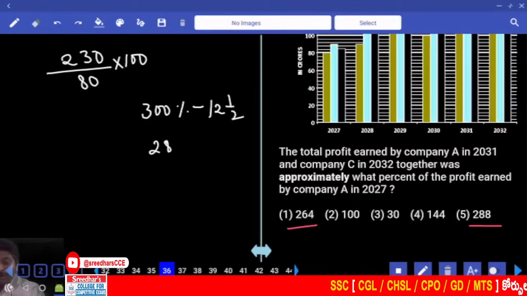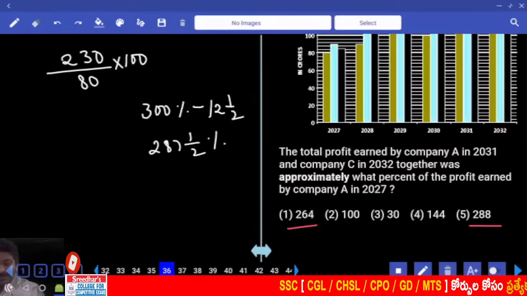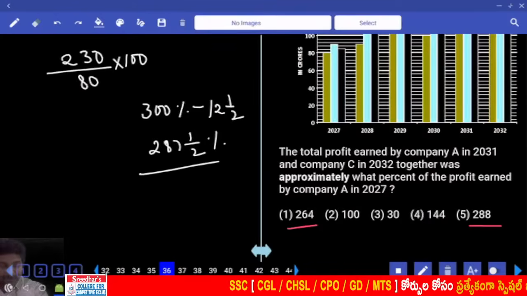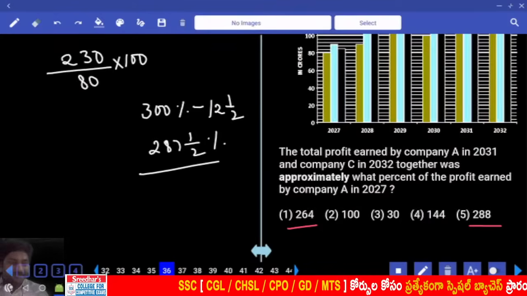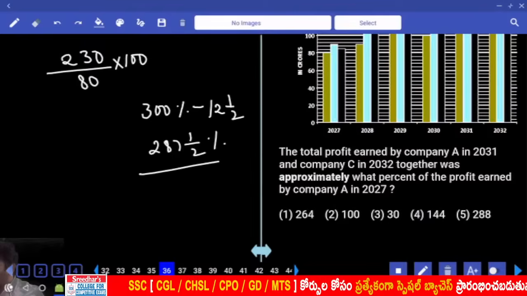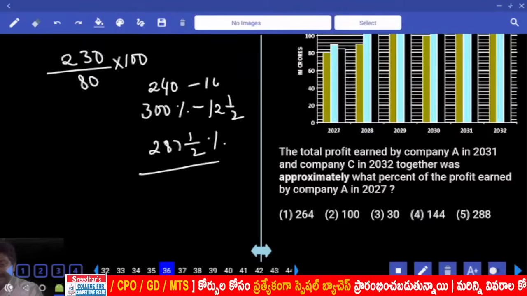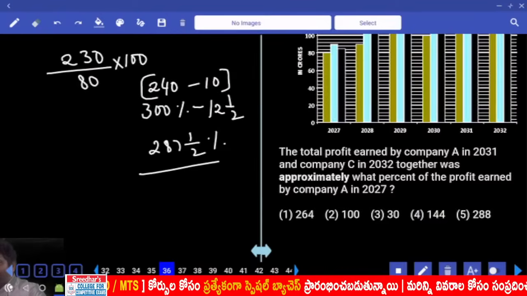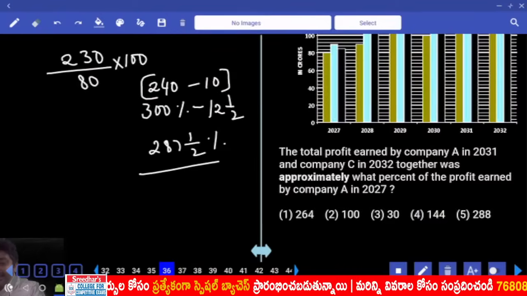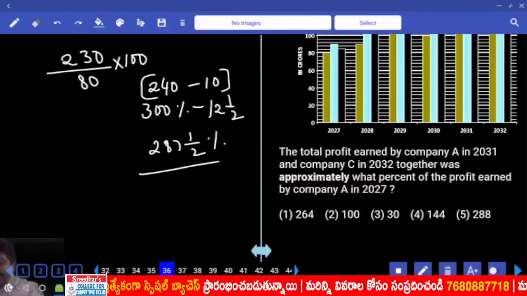Answer 287.5%, approximately 288. You got it? We are taking 240 minus 10. 240 is 3 times, so it will be 300%. 10 is 1/8 of this number. 1/8 meaning 12.5%.